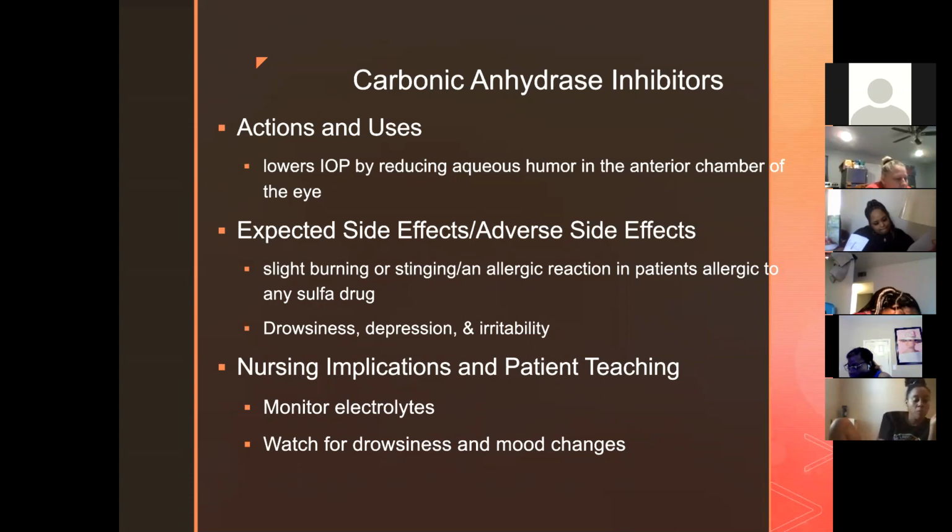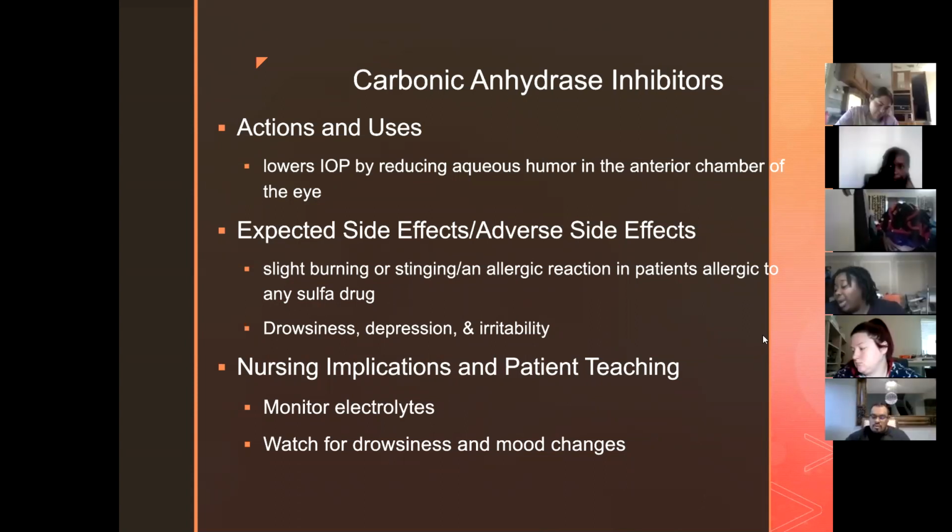Alpha adrenergic agonist, right? Remember we said if your patient is taking a medication from that class, you need to wait 5 minutes before using any other eye medications for them. Okay.